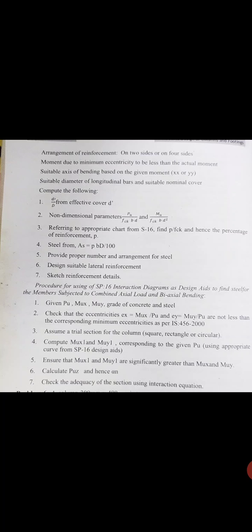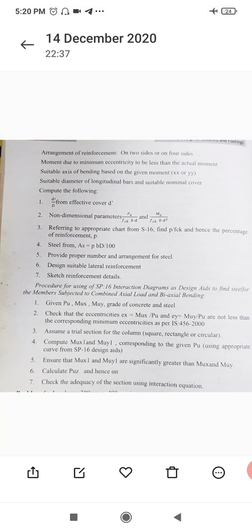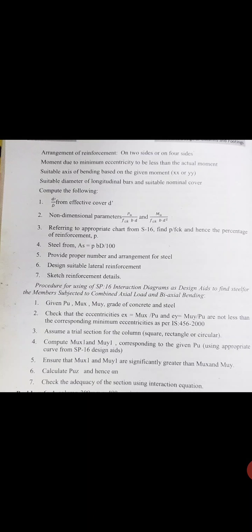Assume a trial section for the column, square, rectangular or circular. Compute Mux1 and Muy1 corresponding to the given Pu using the appropriate curves of the SP16 design aids. Ensure that Mux1 and Muy1 are significantly greater than Mux and Muy. Calculate Puz and hence alpha n. Check the adequacy of the section using the interaction equations.